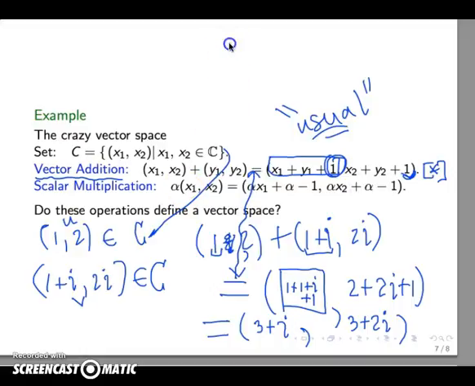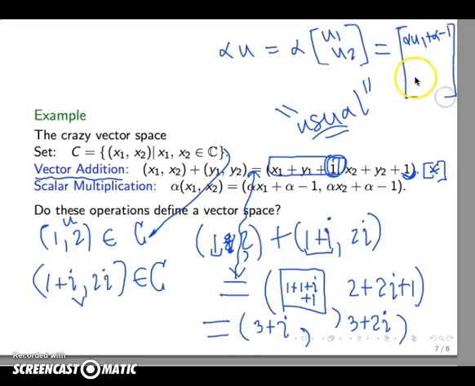And the scalar multiplication is also defined a little strangely. If you multiply alpha times u, where u is (u1, u2), then the first entry would be alpha u1 plus alpha minus 1, and the second entry would be alpha u2 plus alpha minus 1. So this is nothing at all like the usual definition of scalar multiplication.